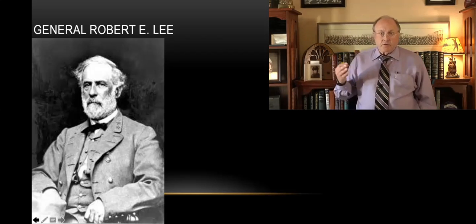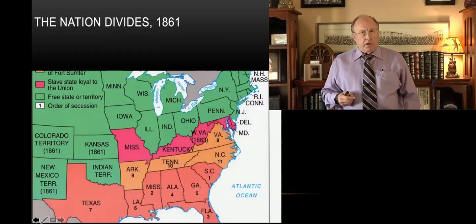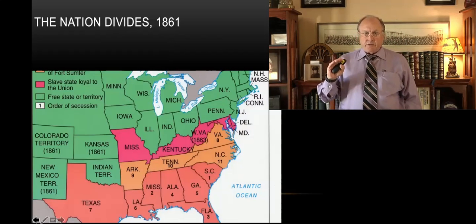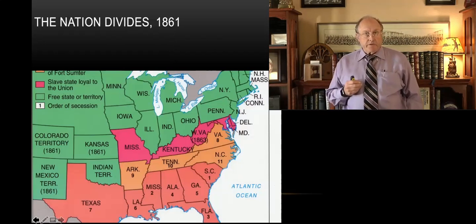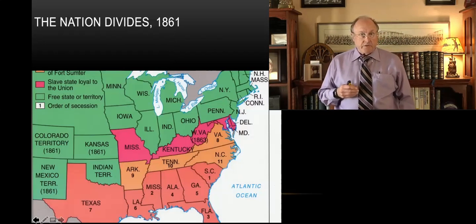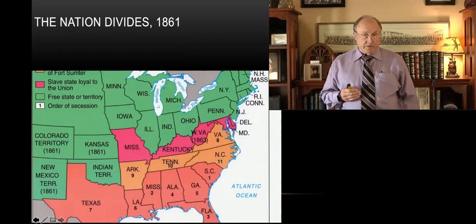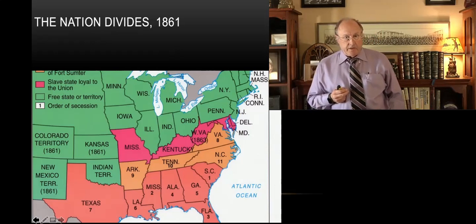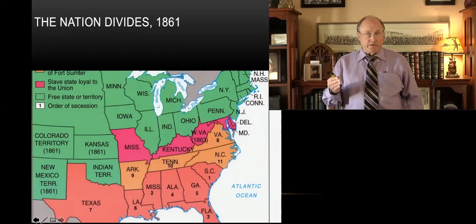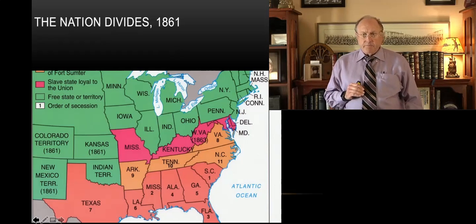In addition to Virginia now, North Carolina, Arkansas, and Tennessee joined the previous 7 seceded states to make the Confederacy. And you can see on the map the 10 states that joined the orange states in secession. The pink states, chief among them Kentucky, might have gone out of the Union, but they were held by Union forces, kept from doing so.